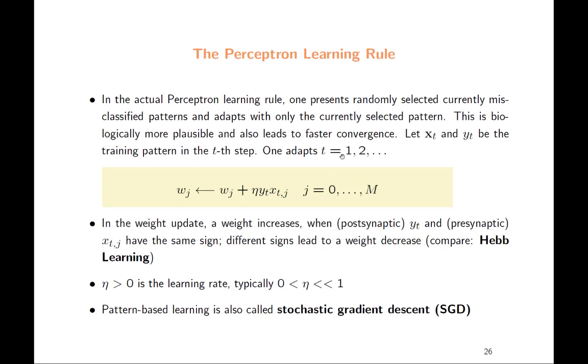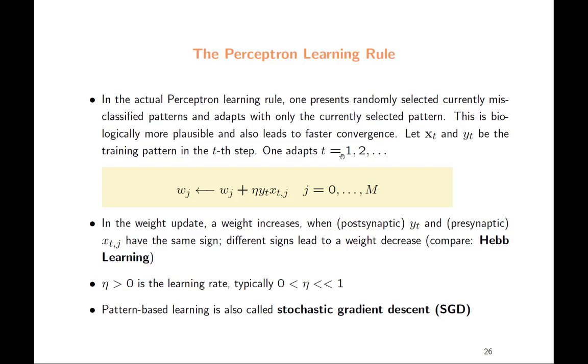The actual learning rule is a stochastic learning rule. It's called stochastic gradient descent, and it has several advantages. For example, it's faster, and it's also not so sensitive to bad solutions. We'll come to this in a moment. Also, it's biologically more plausible.